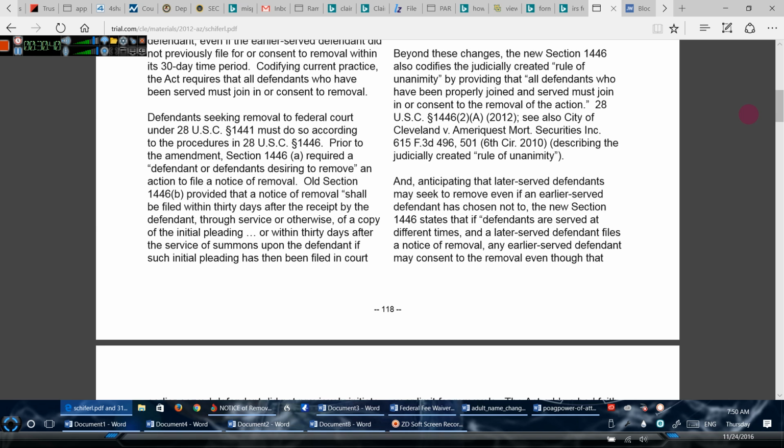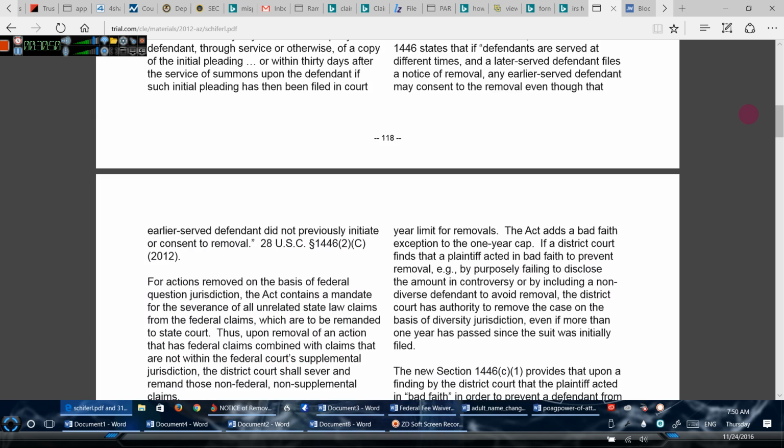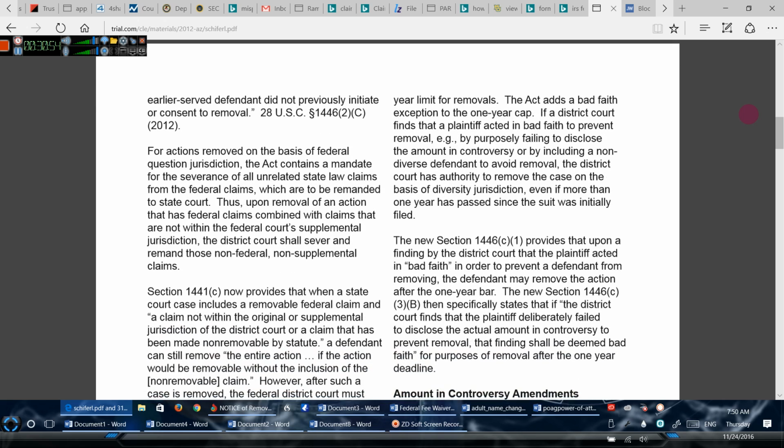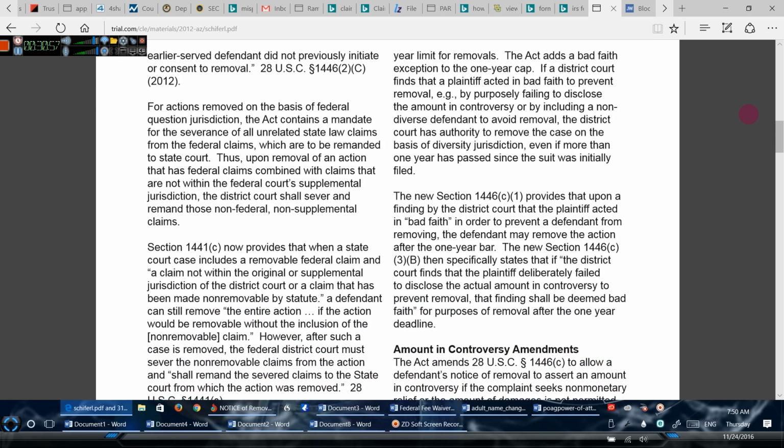And anticipating that later-served defendants may seek removal, even if the earlier-served defendant has chosen not to, the new Section 1446 says that where defendants are served at different times and a later-served defendant files a notice of removal, any earlier-served defendant must consent to removal even though that defendant did not previously initiate or consent to removal. Okay, whatever. Now, I need to get past the notice of removal.